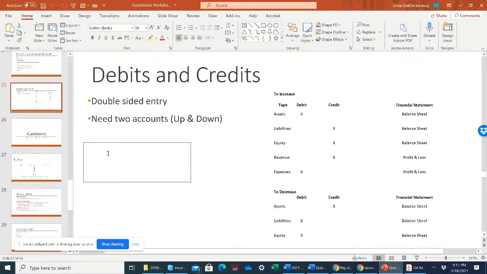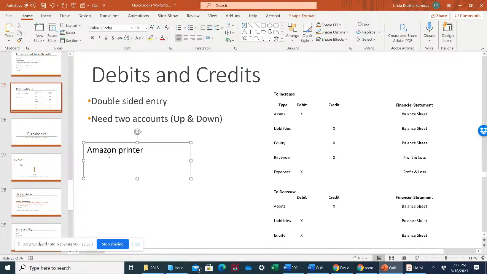Say for instance, we purchase a printer from Amazon with a credit card. We went into our banking function and said this printer is going to be supplies. This is what QuickBooks is going to do.